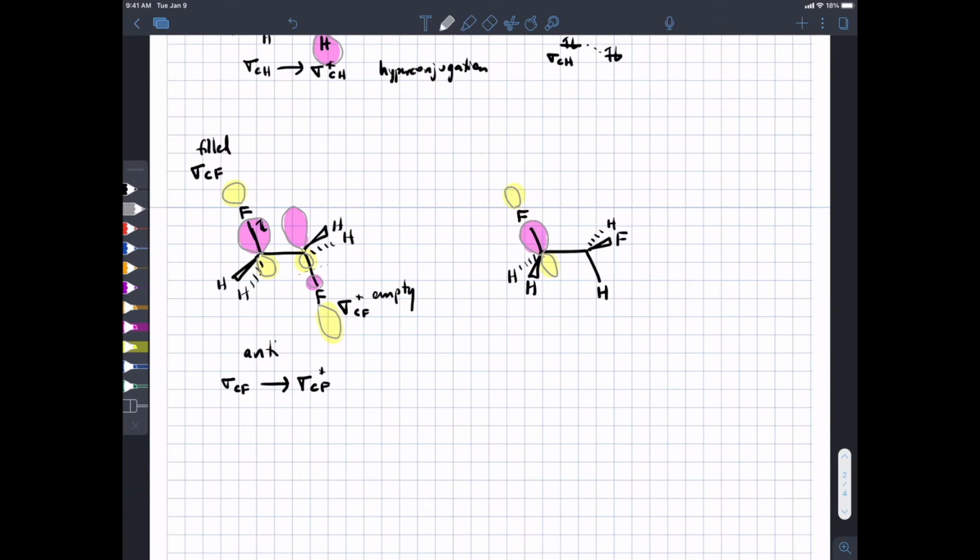Rather, it would be the carbon-hydrogen sigma star. Now, based on what we've talked about, which of these arrangements is better? Is it better for the carbon-fluorine sigma bonding orbital to overlap with carbon-fluorine sigma star or carbon-hydrogen sigma star?